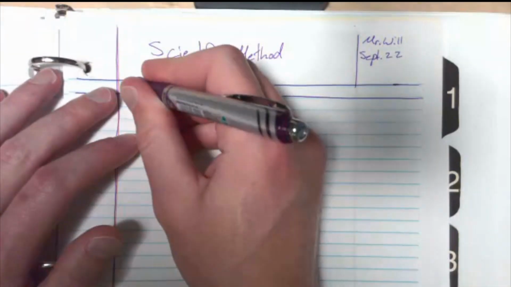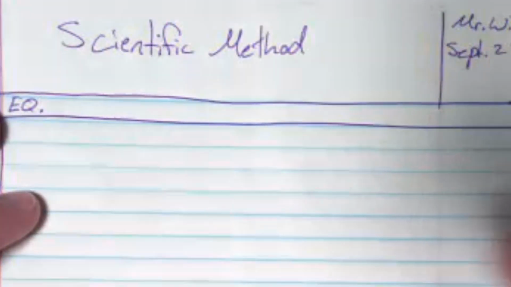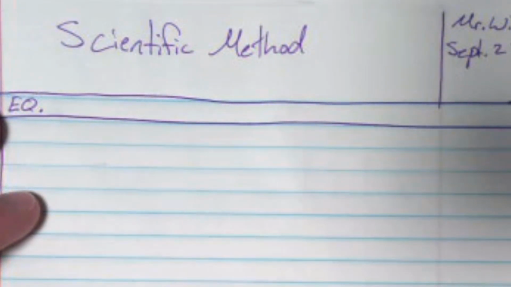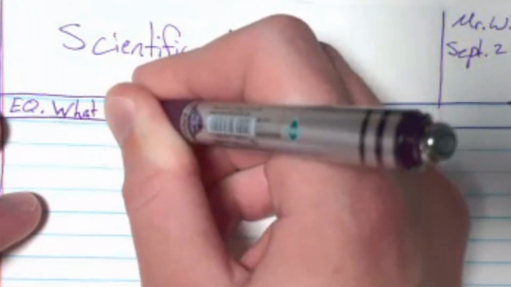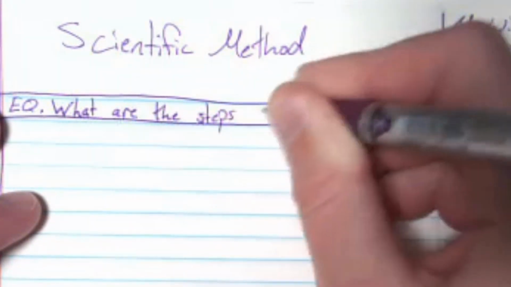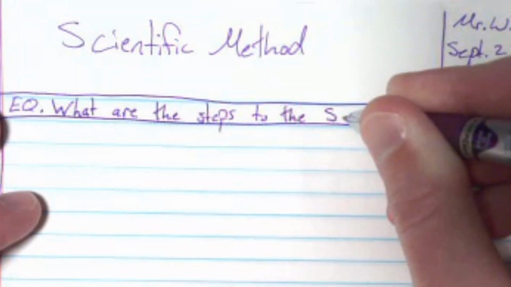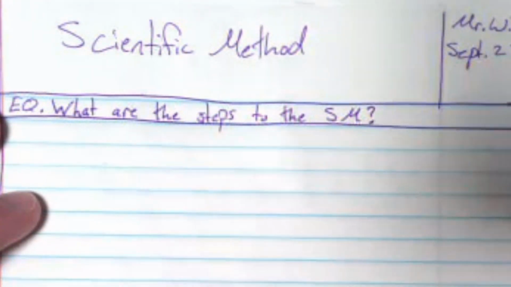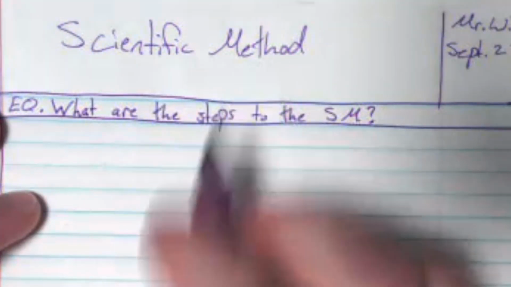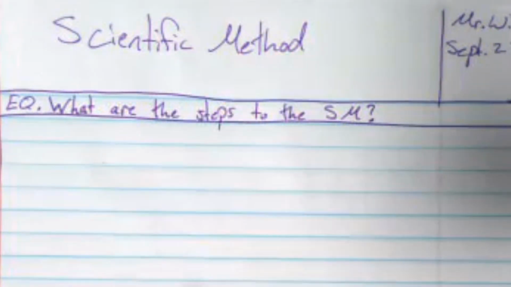Our essential question, the EQ, basically that's our goal for today, is what we're trying to figure out, is what are the steps to the scientific method. I abbreviated it SM because that's a big word. So hopefully you understand that those match up.